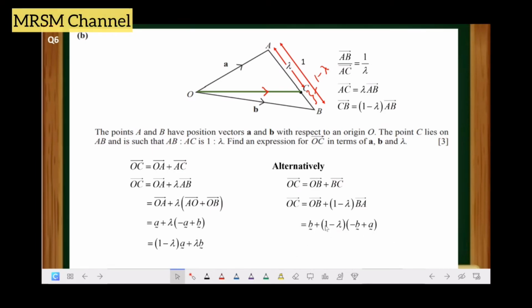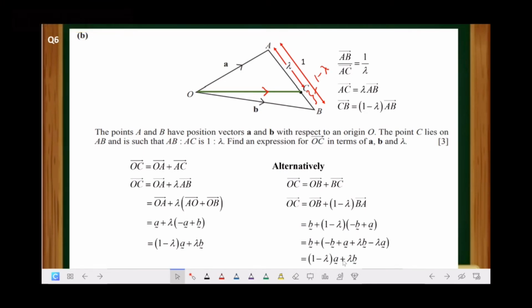Teacher will expand first because this is confusing. 1 times negative B gives negative B, and lambda times B gives positive lambda B. 1 times A gives vector A, and negative lambda times vector A gives negative lambda A. Opening the bracket, B minus B disappears, so what is left is A plus lambda B minus lambda A. Combining A with A, we get 1 minus lambda A plus lambda B. At the end, we get the same answer, but this one is more complicated compared to the first method. It is our choice, but since this one already has 1 minus lambda, avoid using it.